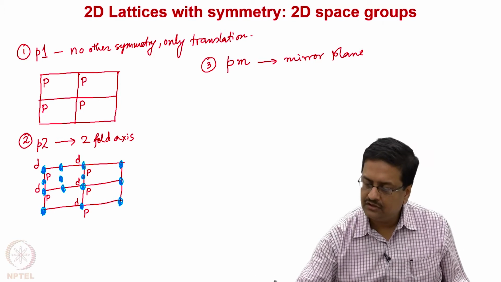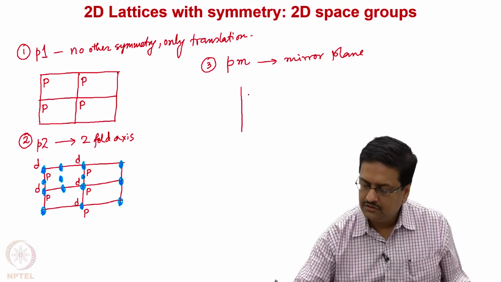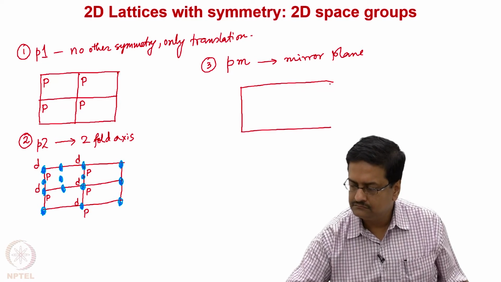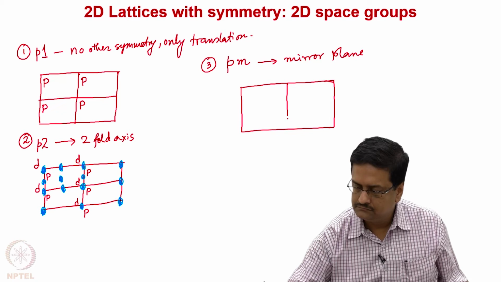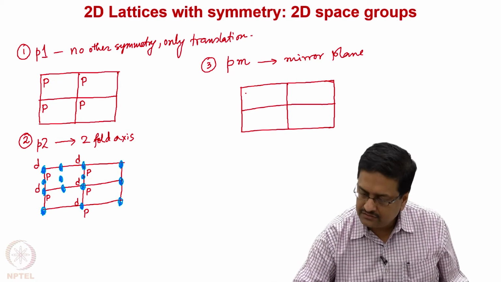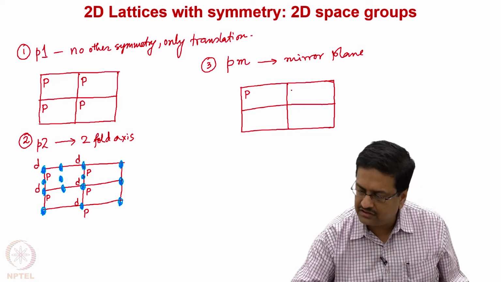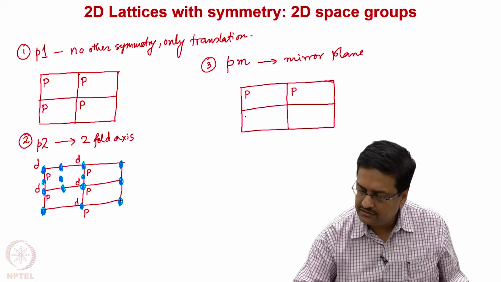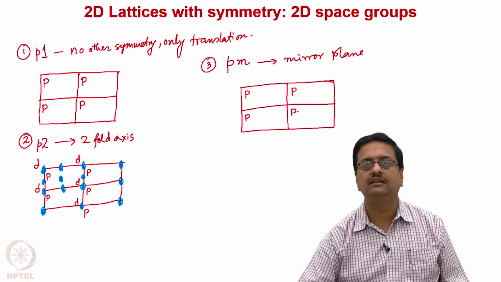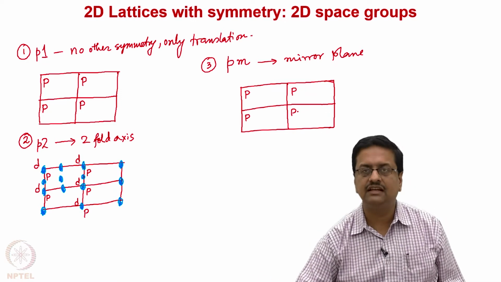So now if I draw again a 2D space lattice, and then I write the letter P, which is my object, and its translational symmetry related objects are also drawn in the adjacent unit cells.